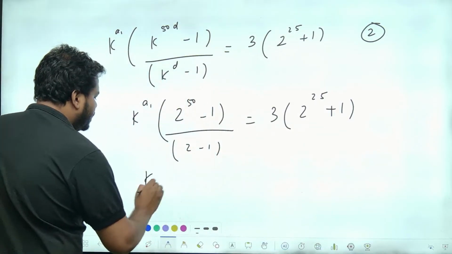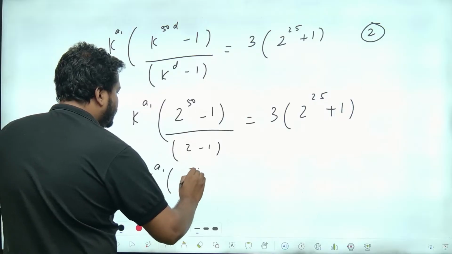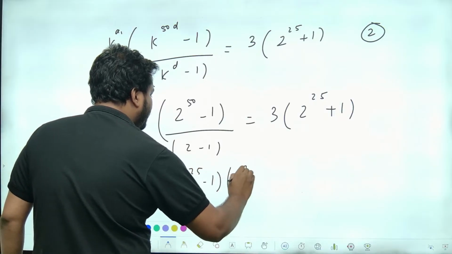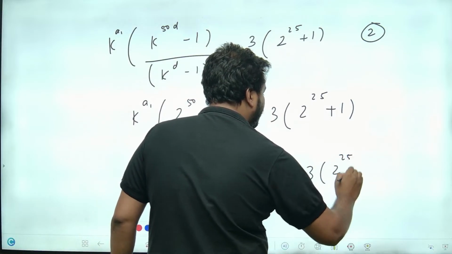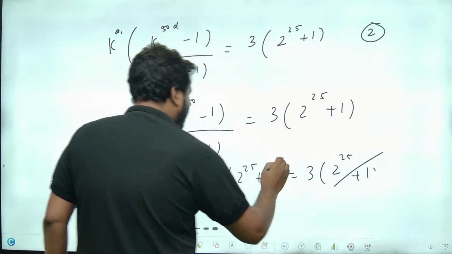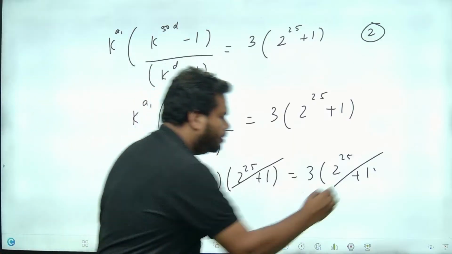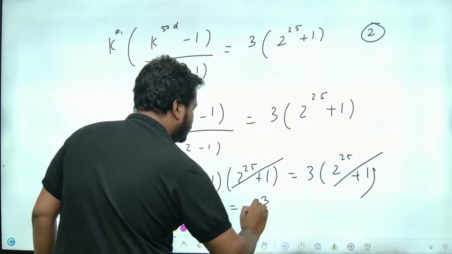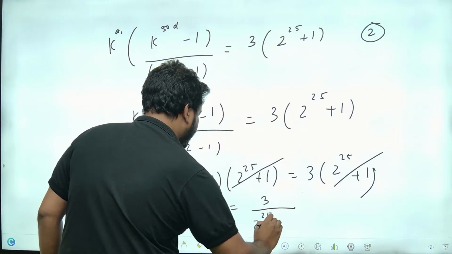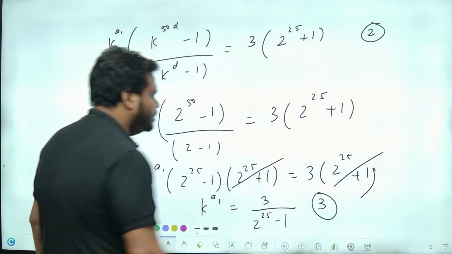So it becomes k power A1 into 2 power 25 minus 1 into 2 power 25 plus 1 equal to 3 into 2 power 25 plus 1. It is cancelled. All right. So k power A1 is equal to 3 upon 2 power 25 minus 1. It is equation number 3.